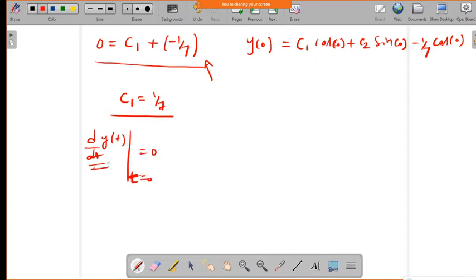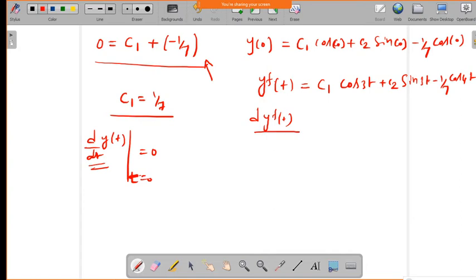So, now differentiate the equation, which is the solution which is coming here, that is yf of t, which is equal to C1 cos 3t plus C2 sin 3t minus 1 by 7 cos 4t. Now, differentiate this one and put the differentiation initial condition, which is 0 at t equal to 0. Okay. So, dy of t divided by dt at t equal to 0, which is nothing but 0.